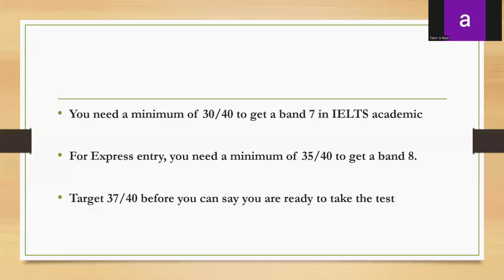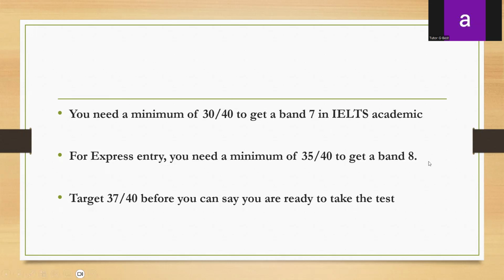Now, you need a minimum of 30 over 40 to get a band 7 in IELTS Academic listening. For listening, please, 30 over 40 gives you a band 7 for academic listening. But if you're going for Express Entry, you'll be writing IELTS General, so you need a minimum of 35 over 40.